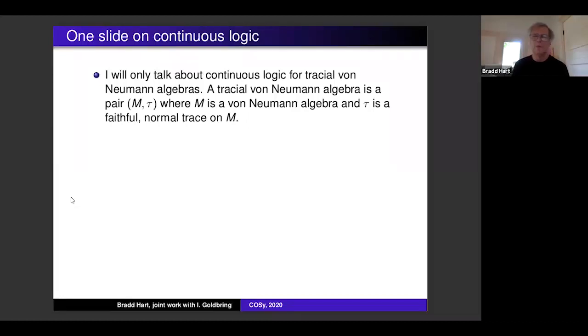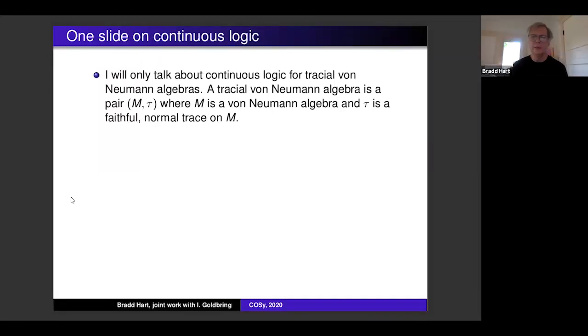Okay, so just to make things easy, I only want to talk about continuous logic for a tracial von Neumann algebra. So I'm not going to discuss all the bells and whistles that go into just an arbitrary continuous logic setup. So what's a tracial von Neumann algebra?